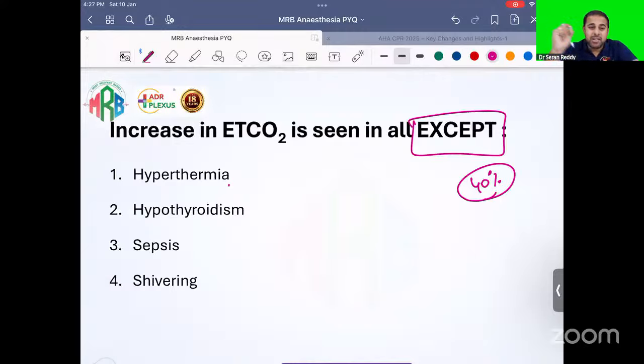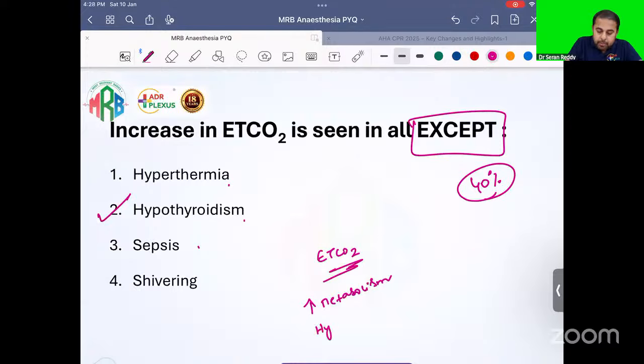Okay, please. So increase in ETCO2 is seen in all, like hyperthermia, yes, it will be increased. Sepsis, shivering, it will be increased. Hypothyroidism, there will be decrease in the ETCO2. This is the correct answer. So roughly how you can remember, ETCO2 increase is seen in any condition where there is increase in metabolism or hypoventilation.